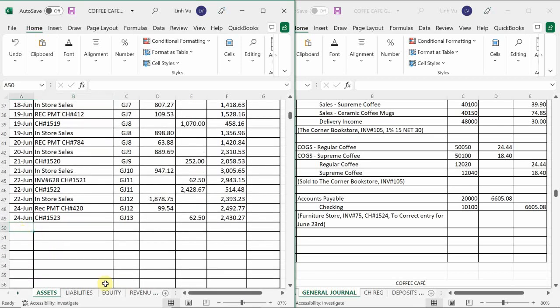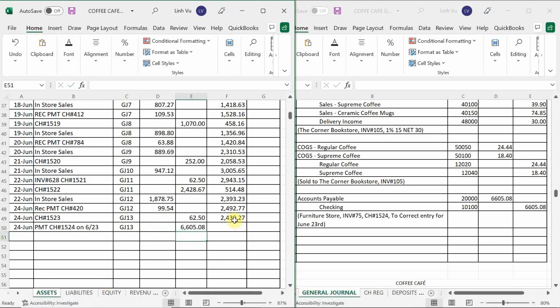Okay? But that means we need to also correct our checking account. Okay, so the 24th. Okay, so then we're going to say that this was payment check number 1524 on June 23rd. Okay, which again, we end up paying $6,605.08.